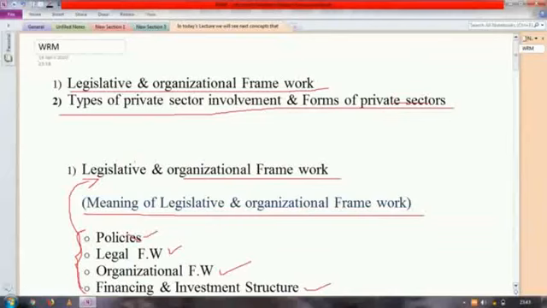So here a proper enabling environment establishes the rights. This is the main important word what I am telling here. A proper enabling environment establishes the rights and assets of all stakeholders. So the stakeholders means what? It may be individuals as well as public and private sector organizations and companies.